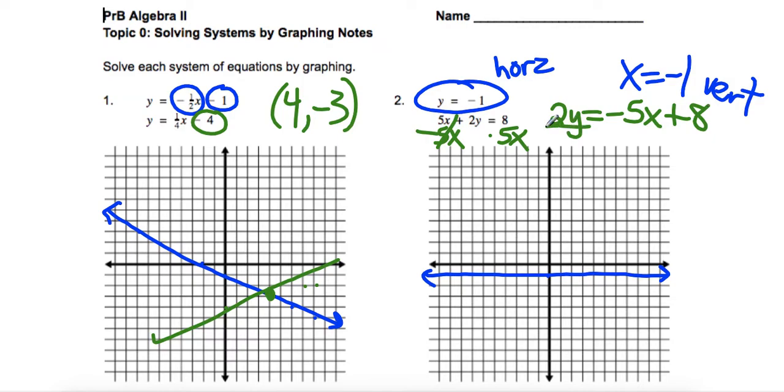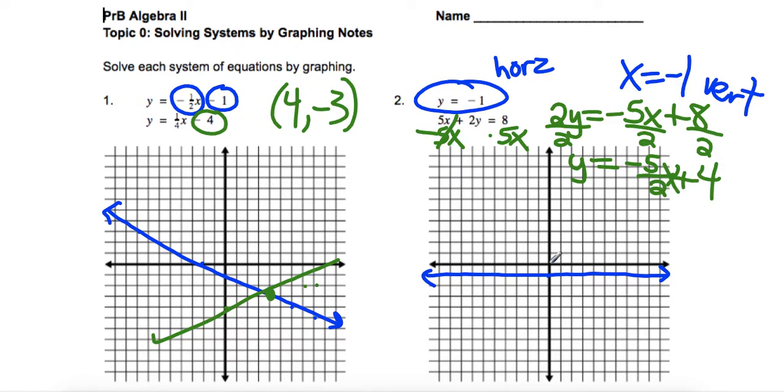And then we're going to divide everything by 2. So we get y equals, now this -5 divided by 2, you want to leave that as a fraction, -5 over 2, because that's going to be our rise over run, x, plus 4. Oh, we forgot the x. There we go.